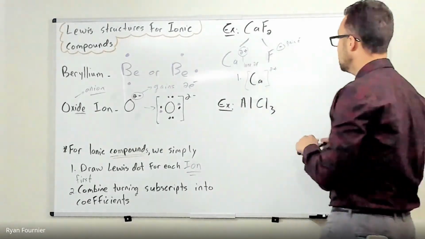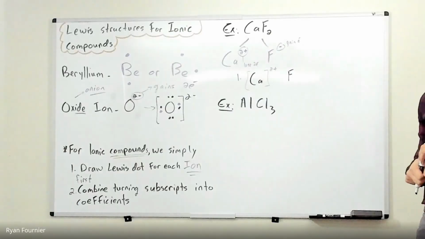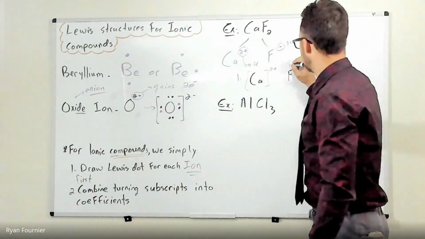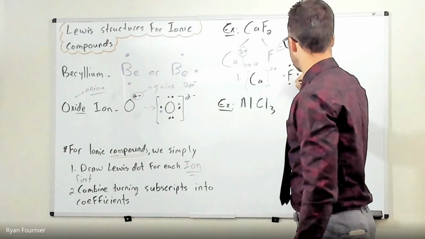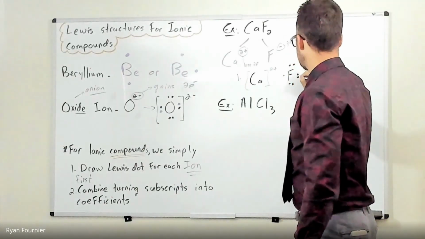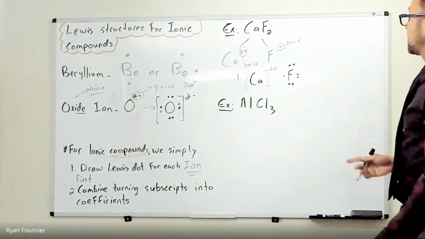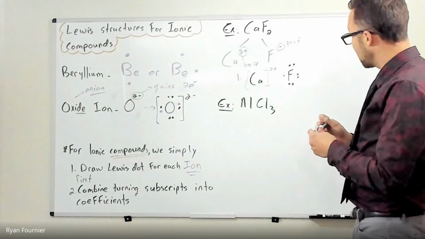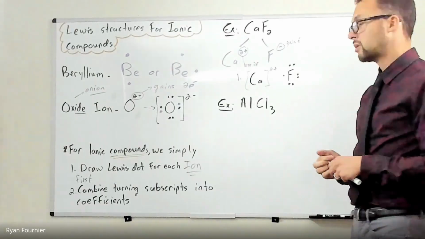Now for fluorine, it's in group 7. So I would do this accordingly: north, south, east, west, north, south, east. I repeat until I have 7. But that gain of electron goes in that empty domain, and we fill up each electron domain with 2.